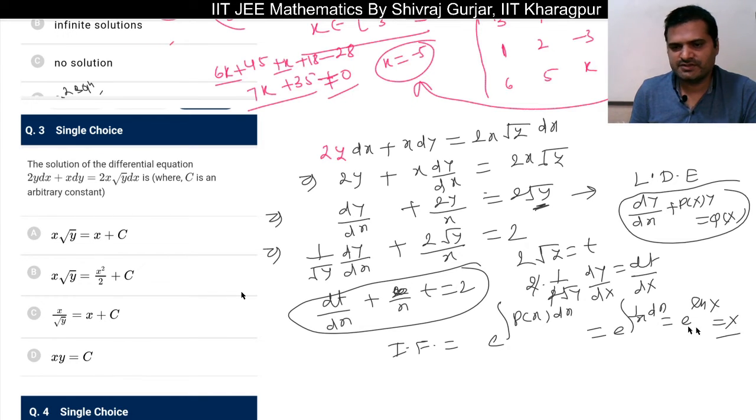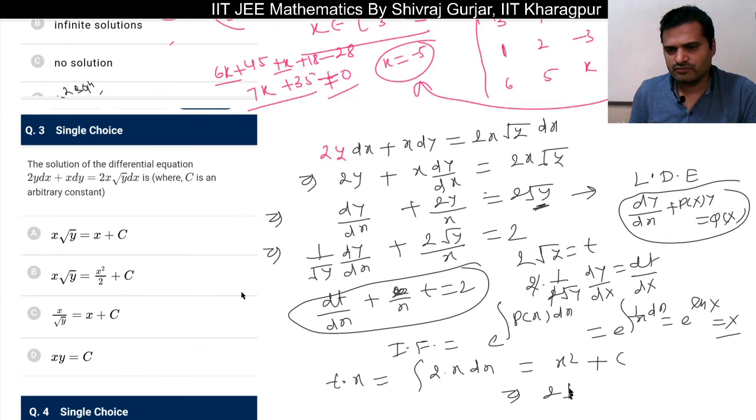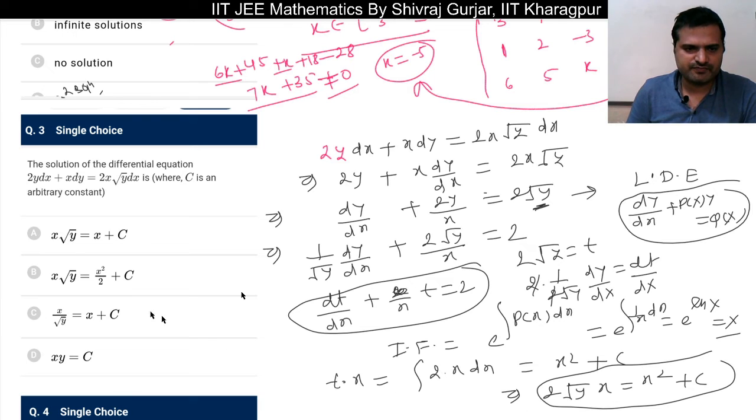So that gives x. So integrating factor is x. So t into integrating factor equals integration of 2 into integrating factor, this is x square plus c. Let us put the value of t. t is nothing but 2 root y, x times 2 root y equals x square plus c. So this should be our answer.